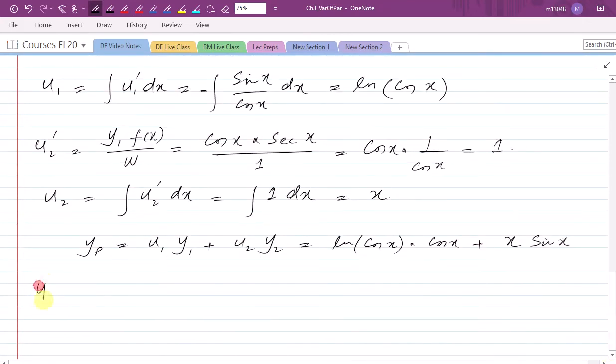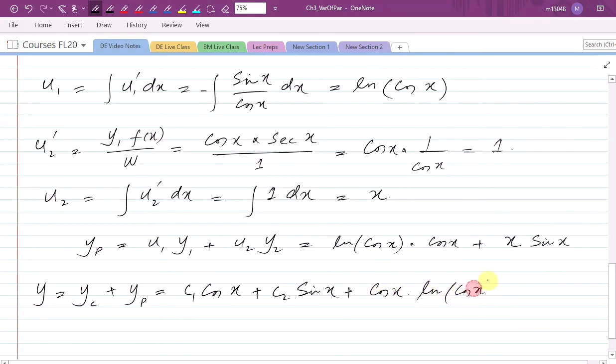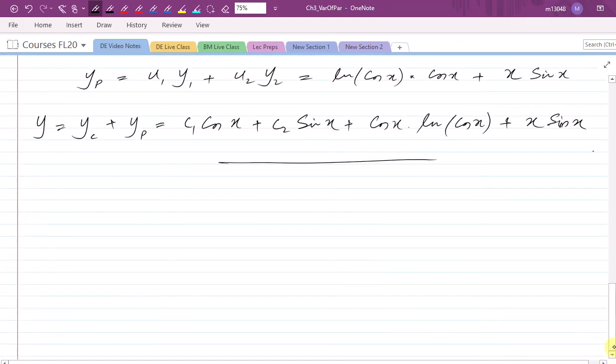And we can write y equals yc plus yp: c1 cos x, c2 sin x plus, I'll write cos x before, cos x into log of cos x, plus x sin x.